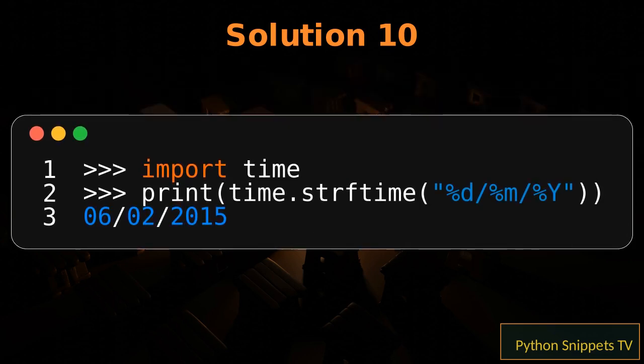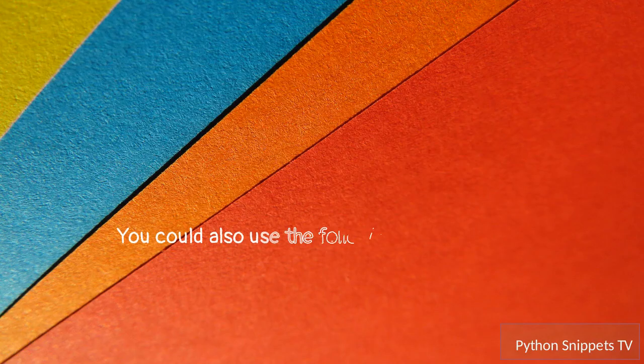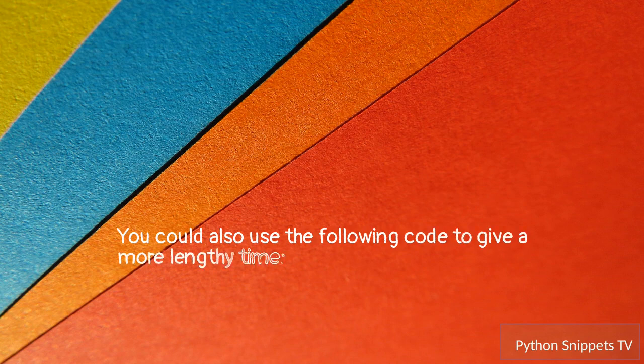The use of the capital Y gives the full year, and using lowercase y would give June 2nd, 15. You could also use the following code to give a more lengthy time.